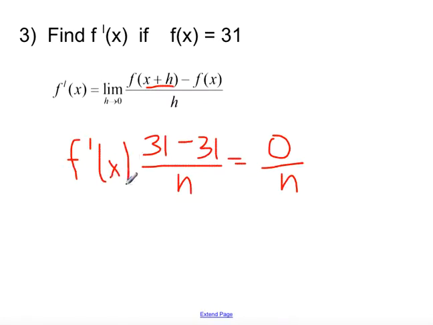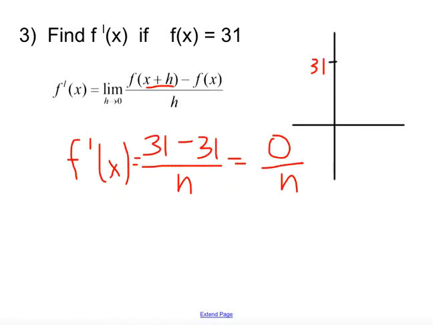Does that make sense? Well, what does f of x equals 31 truly mean? It means it's a horizontal line at the value 31. So let's say that is 31.